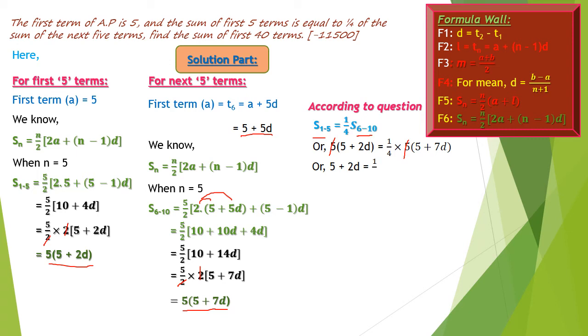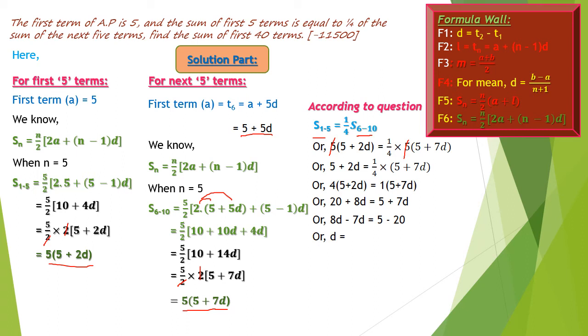After cancellation of 5, now we do cross multiplication in this step: 4 bracket 5 plus 2d equal to 1 bracket 5 plus 7d, or 20 plus 8d equal to 5 plus 7d, or 8d minus 7d is equal to 5 minus 20. d is equal to minus 15. We are going to get the value of d as minus 15.